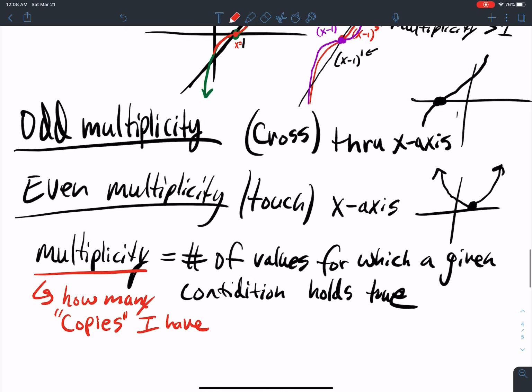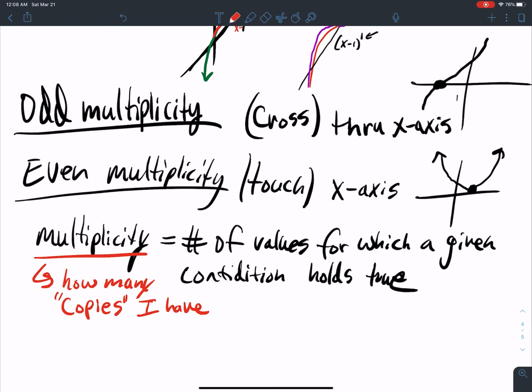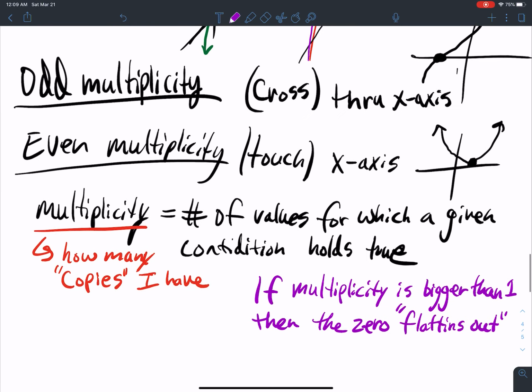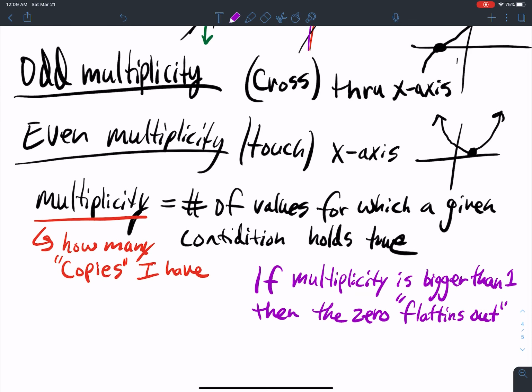So I just think of it as how many copies I have. And if the multiplicity is bigger than 1, then the 0 flattens out. Okay, so you're going to have questions that say, does the 0 flatten out? You look at the multiplicity, okay?